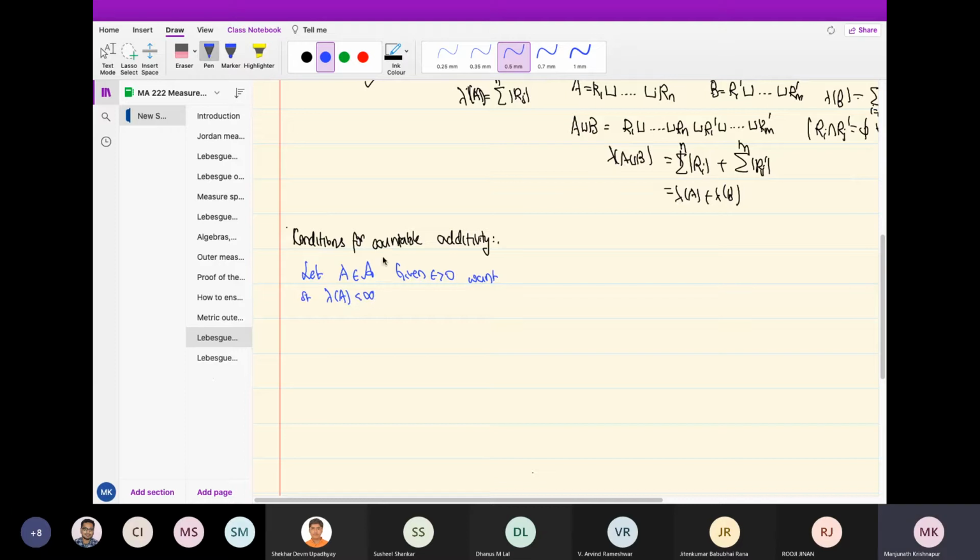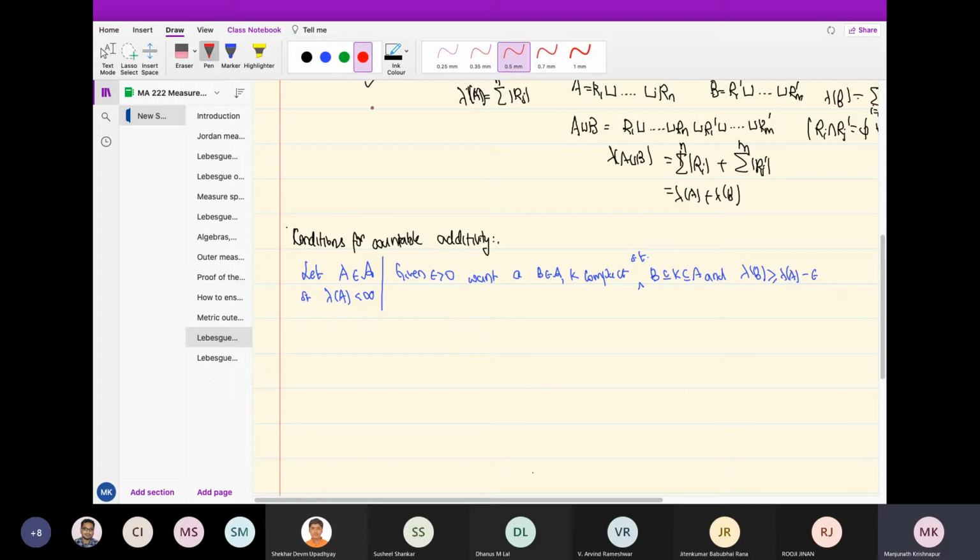Then given epsilon positive, we want a set B in the algebra and K compact such that B is contained in K, which is contained in A, and such that lambda of B is bigger than lambda of A minus epsilon. Okay, so this is what I want.